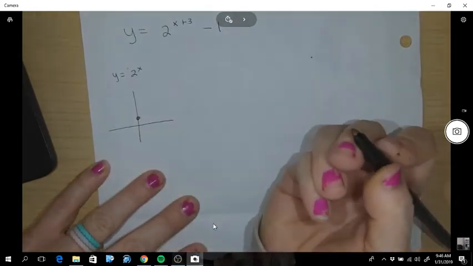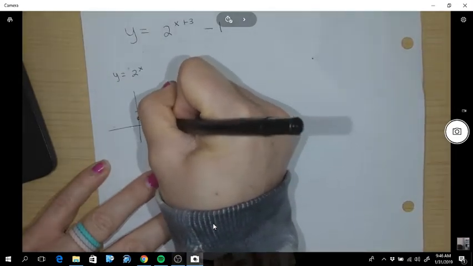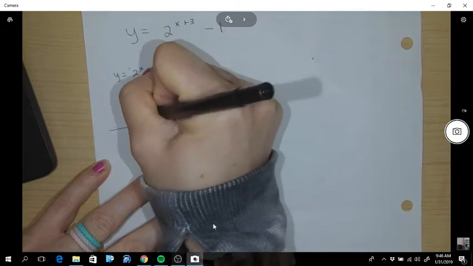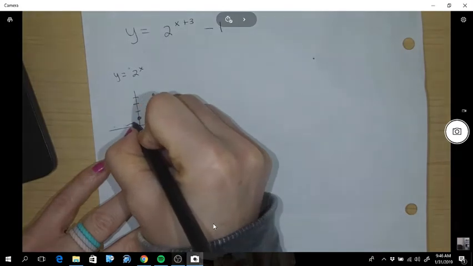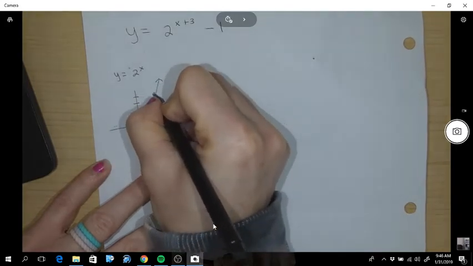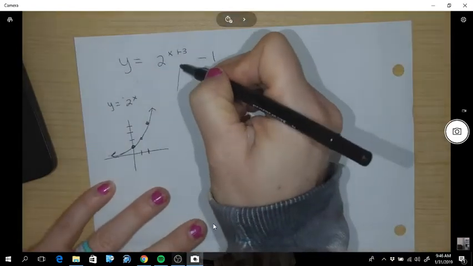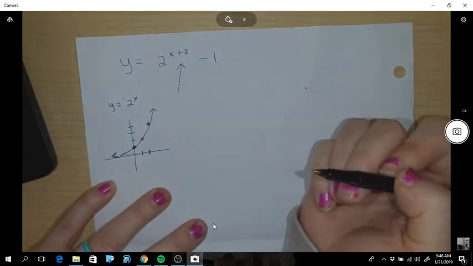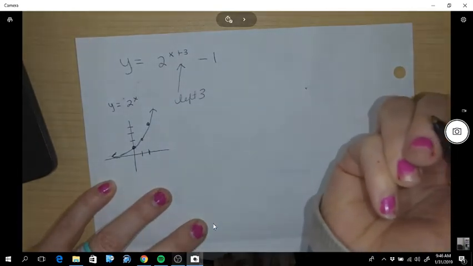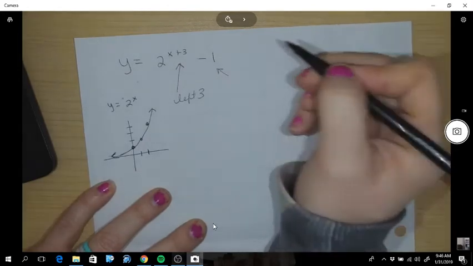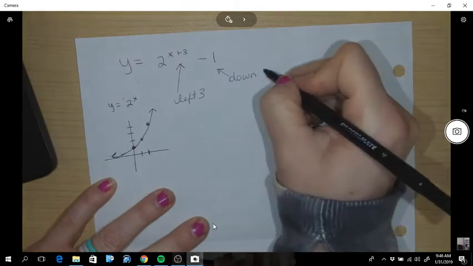So you know you're going to have (0, 1), and you're going to have (1, 2), and let's go (2, 4). Okay, now transformations. This is going to move it left 3. Okay, it affects the x. And this is a change into your y, and it's going to shift down 1.